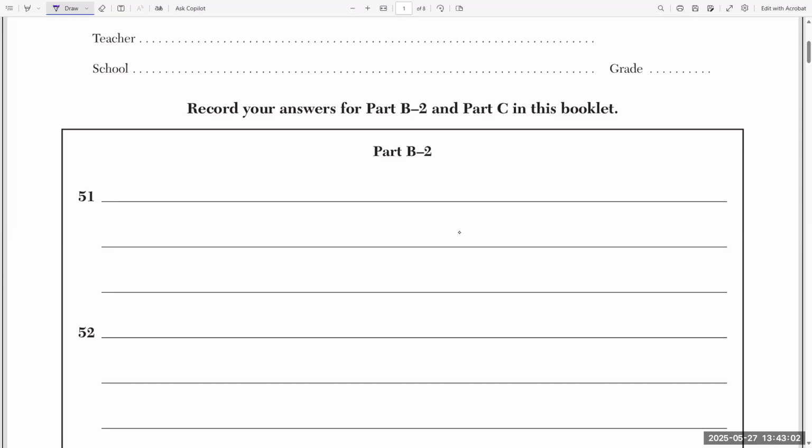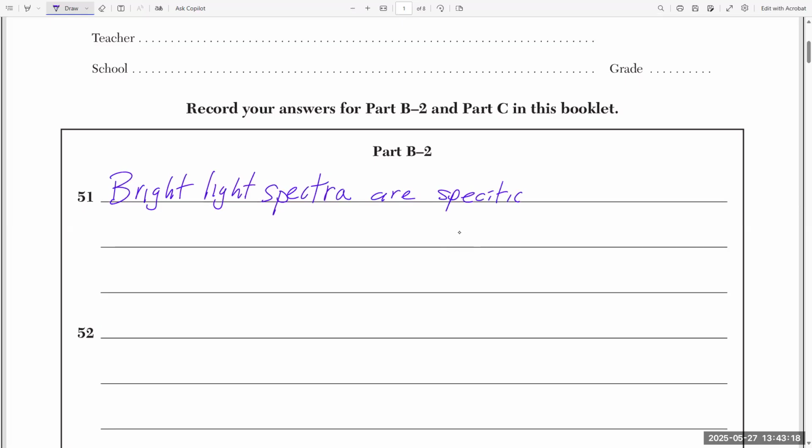So the answer would be that bright light spectra, or spectrum, plural, are specific to each element.